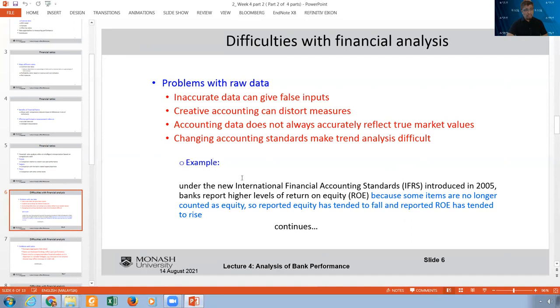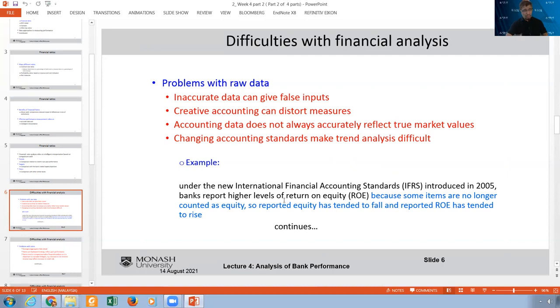Look at this example. In Australia, in 2005, they introduced a new IFRS, and in that IFRS they reduced parts of the equities.